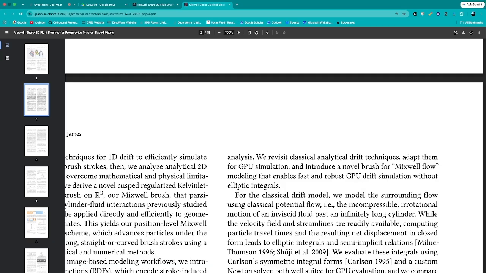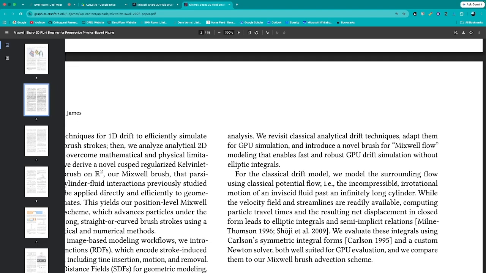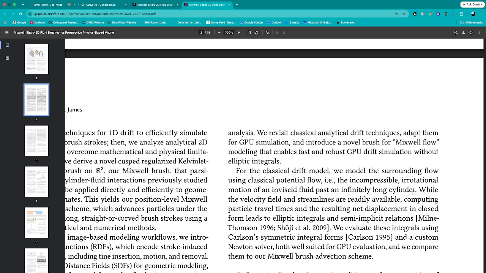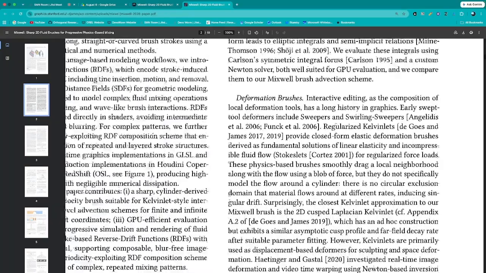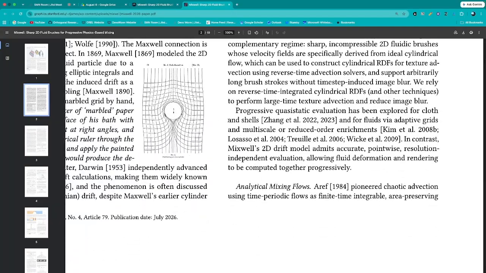For the classical drift model, we model the surrounding flow using classical potential flow, which is the incompressible irrotational motion of an inviscid fluid past an infinitely long cylinder. So this is where they're using these different types of flow to characterize this process here.